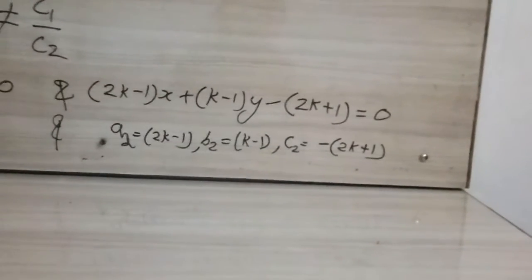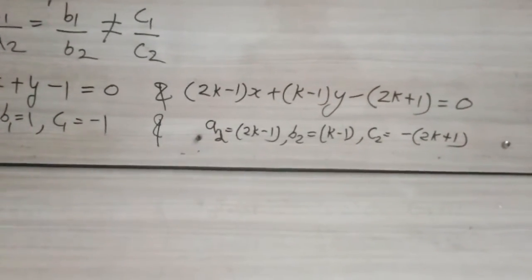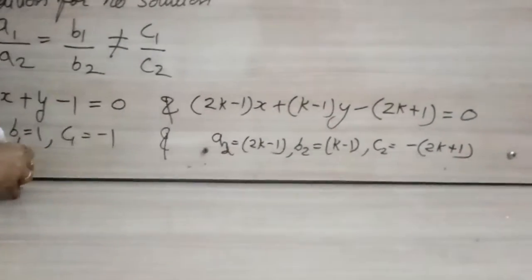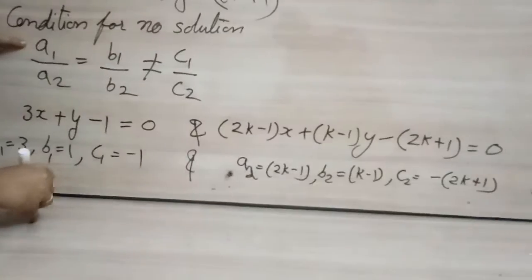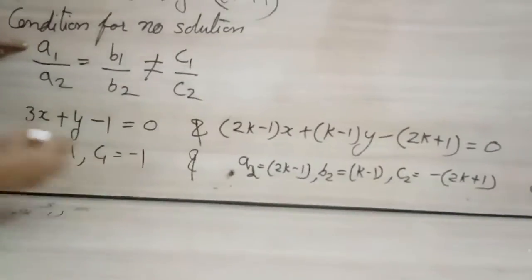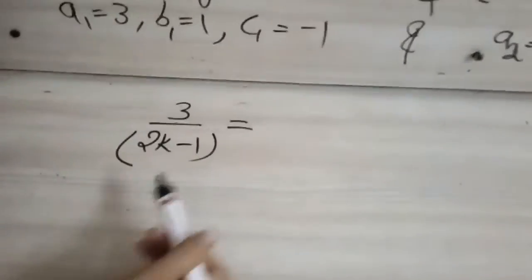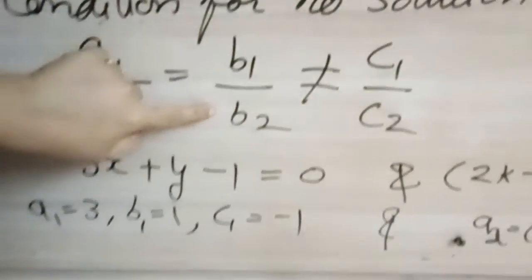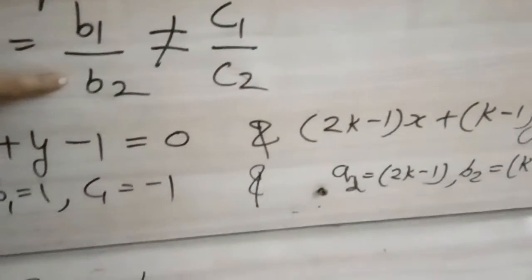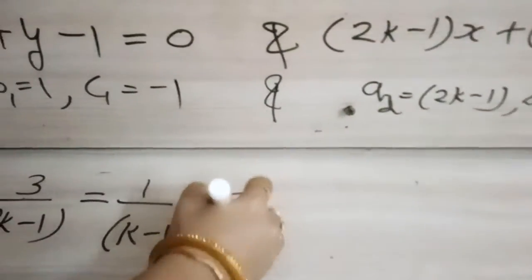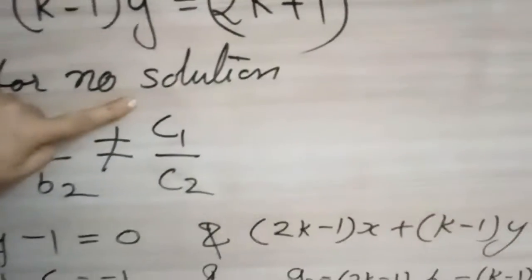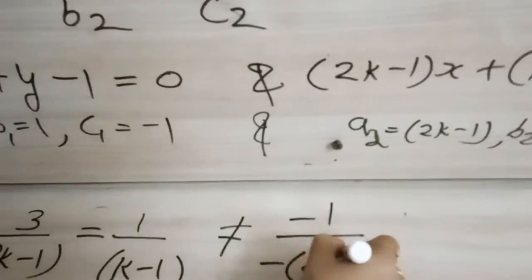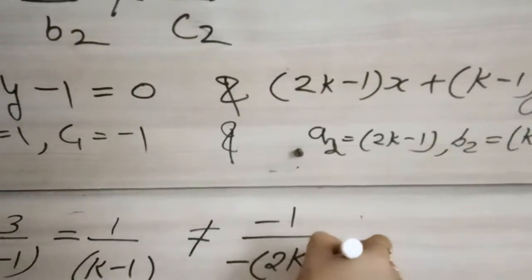Once you get the values, now we will put them in our condition. See here, a1 upon a2 means 3 upon 2k minus 1 is equal to b1 upon b2, so 1 upon k minus 1, then not equal to c1 upon c2, which along with the sign is minus 1 upon minus (2k plus 1).